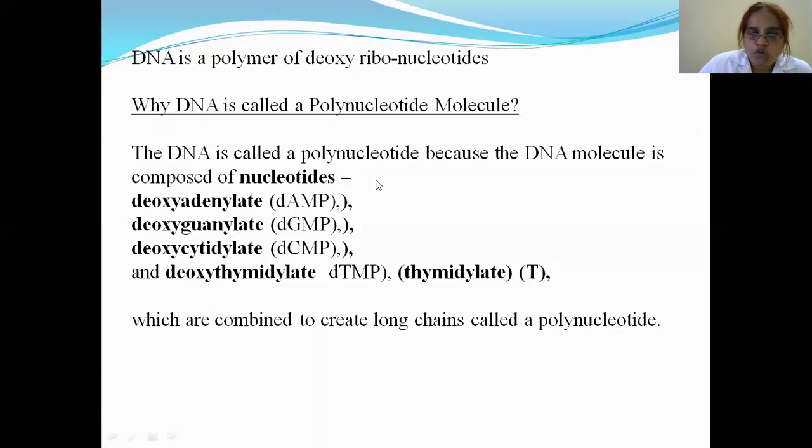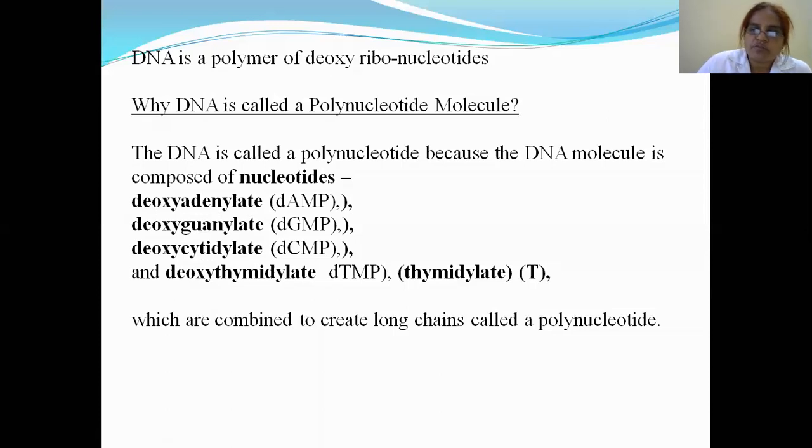The four bases are adenine, guanine, cytosine and thymine. This DNA contains deoxyribose sugar, hence it is called deoxyribonucleotide.